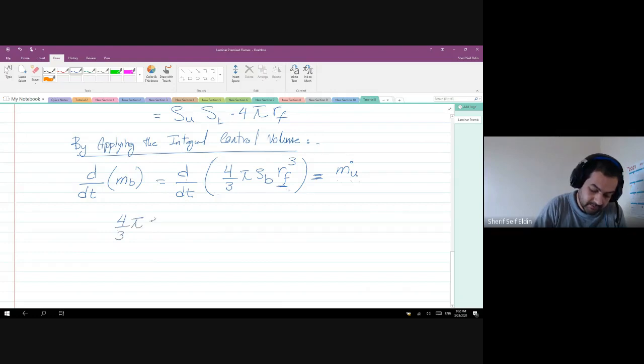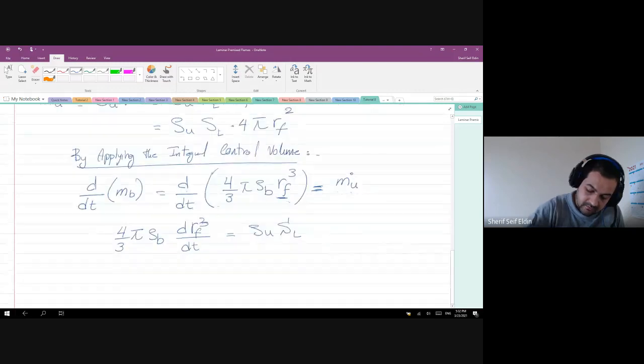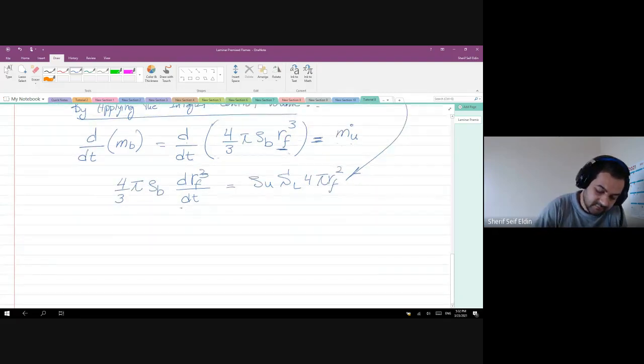4/3 pi rho b d rf cubed over dt is equal to rho u SL, the laminar flame speed, for this thing here, which is the mass over there, times 4 pi rf squared.